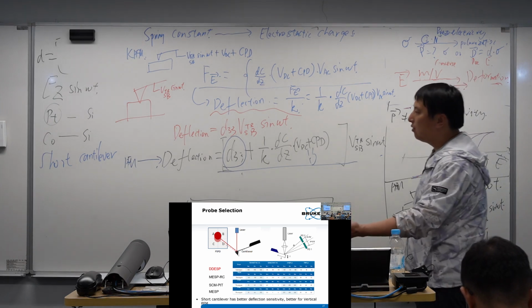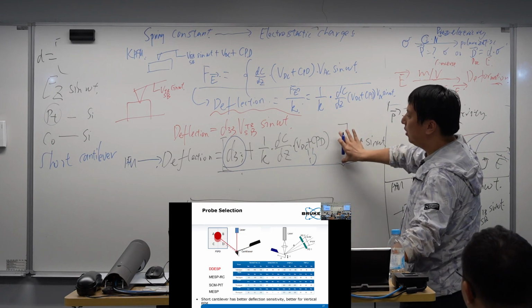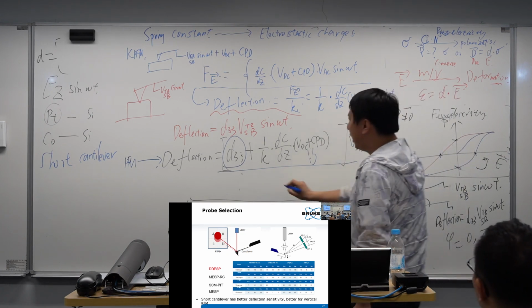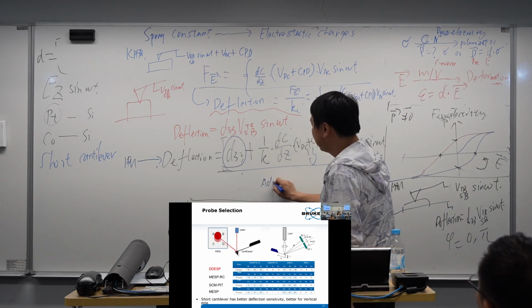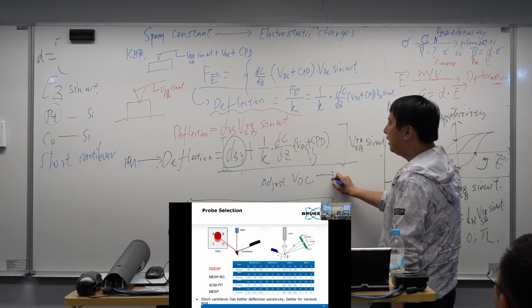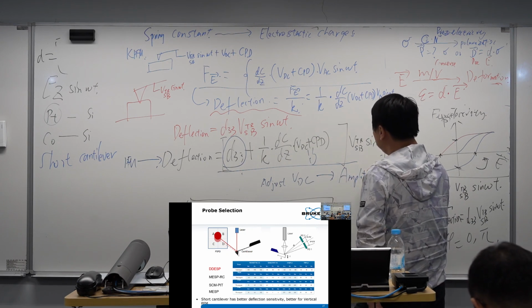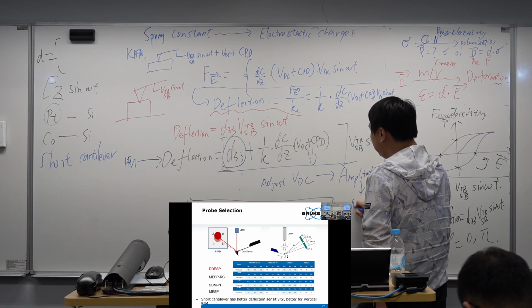Maybe you can do this. So if I want to design an algorithm for this one, I will do this way. I will adjust VDC to make the amplitude reach the minimum.